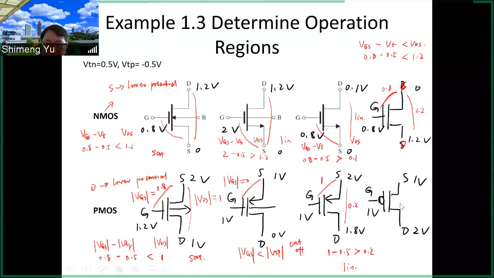And the last one. So 1 volt, 1 volt, 2 volts. You check the labels. Lower potential is drain for the PMOS. So this label is wrong, right? This should be the drain, and this should be the source.